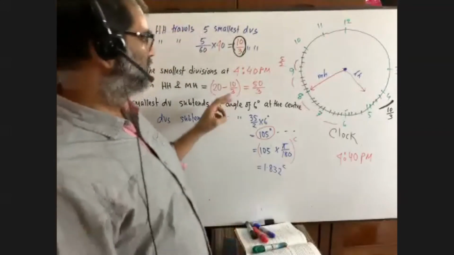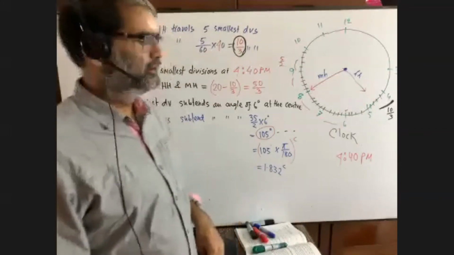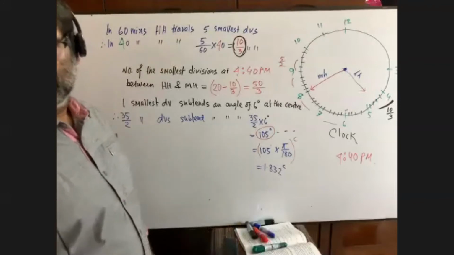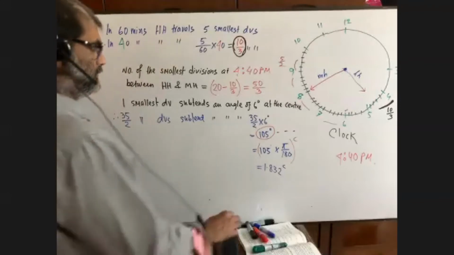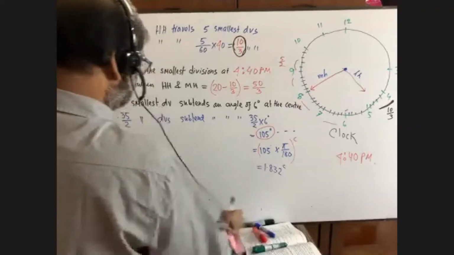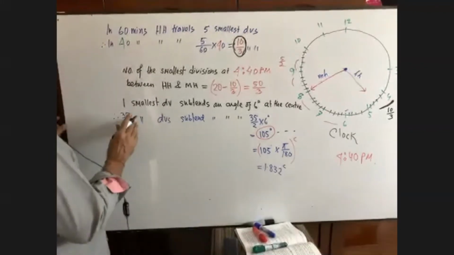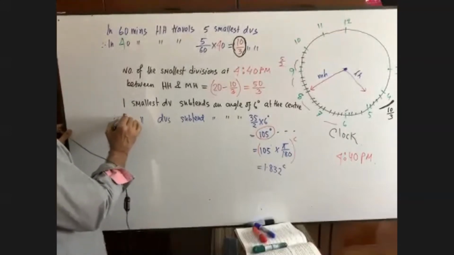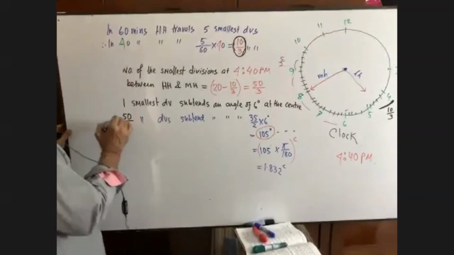So that 10 by 3 has been subtracted. Are you getting me or not? Okay. Now you see, it is 50 by 3.